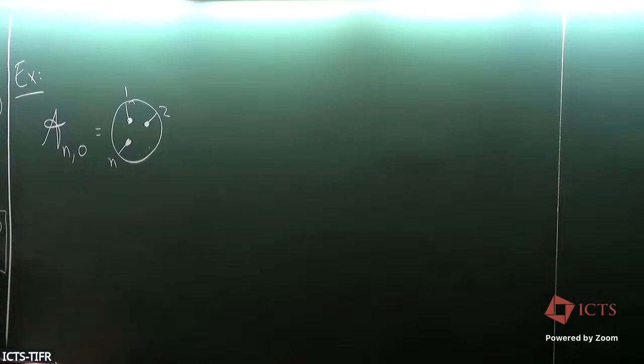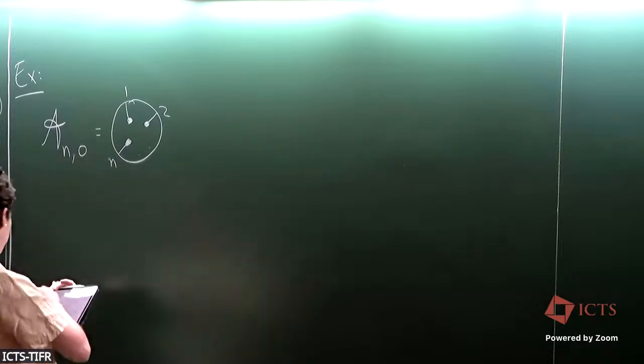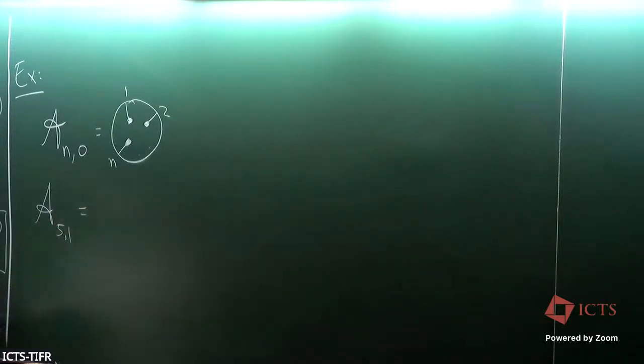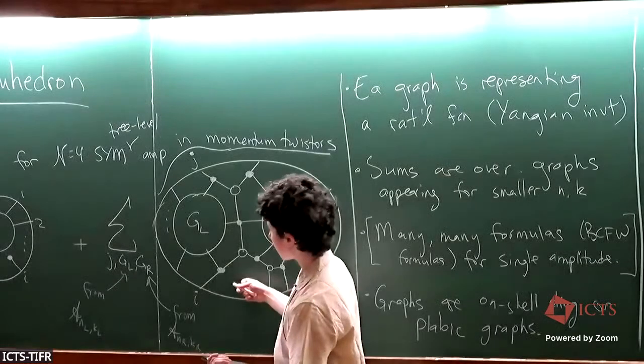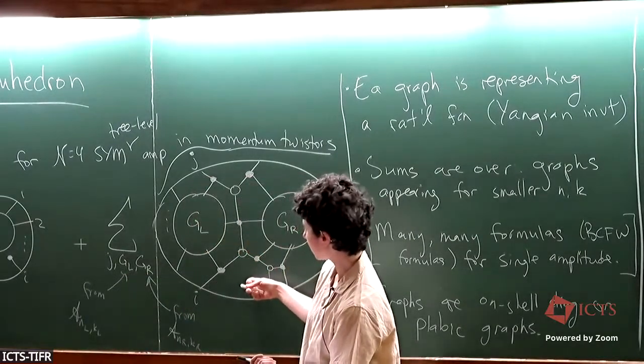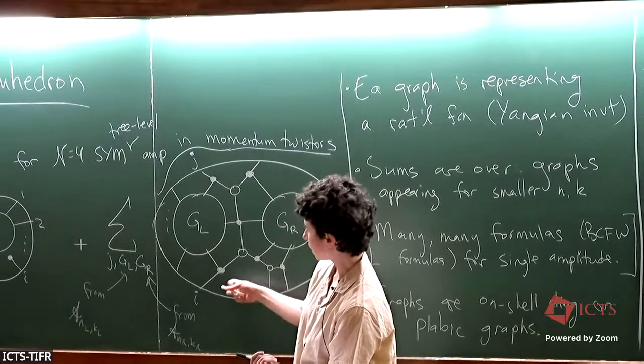Okay, so let's do just one step in this. This is A_{n,0}, and then maybe the next one to talk about is A_{5,1}. When you run this, I haven't told you all the details, but the only thing that shows up should come from this kind of term.